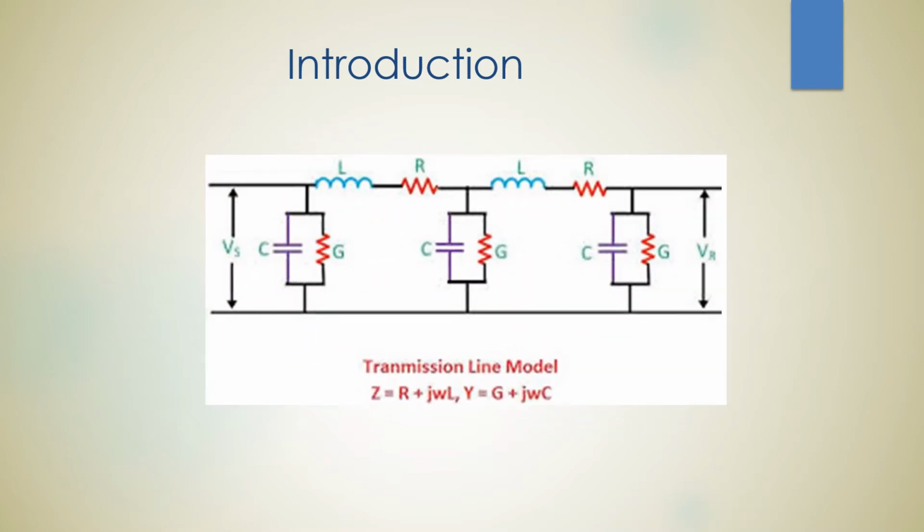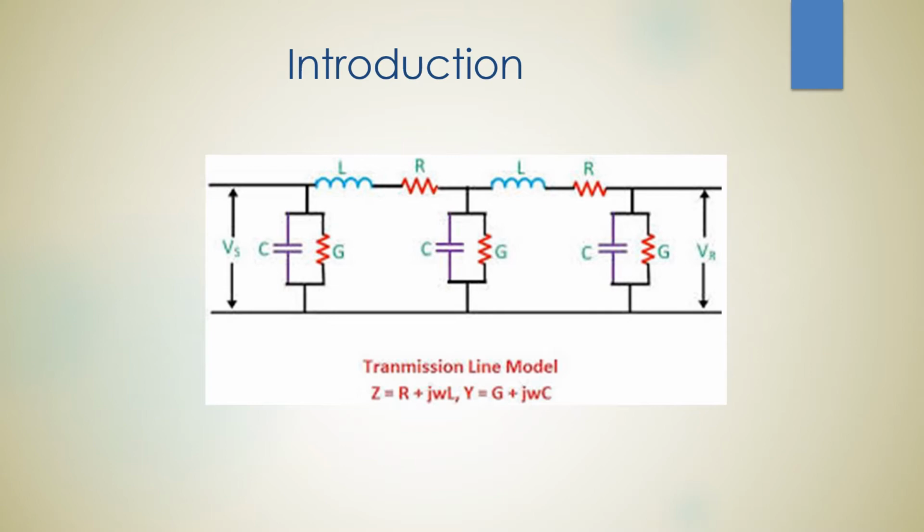Always resistor and inductor are connected in series, and the capacitor is present between the line terminal and the neutral terminal. So the mathematical model of transmission line and the circuit model of transmission line is represented as this.